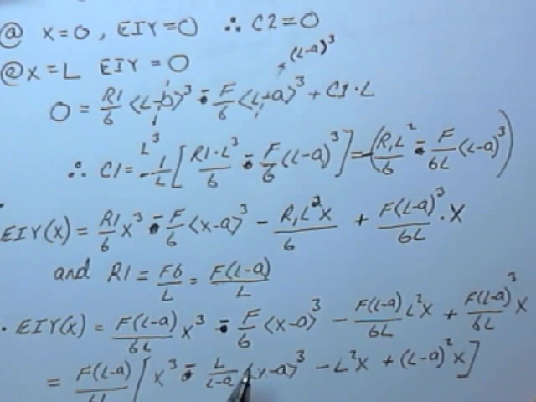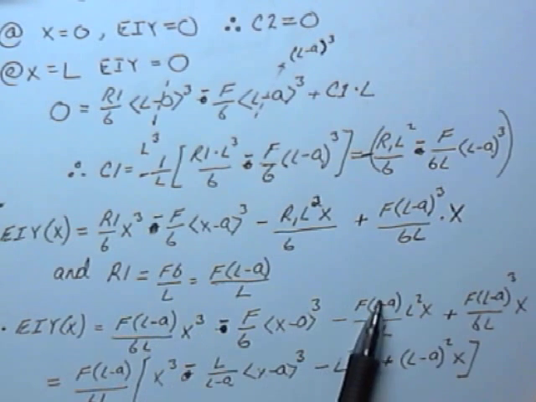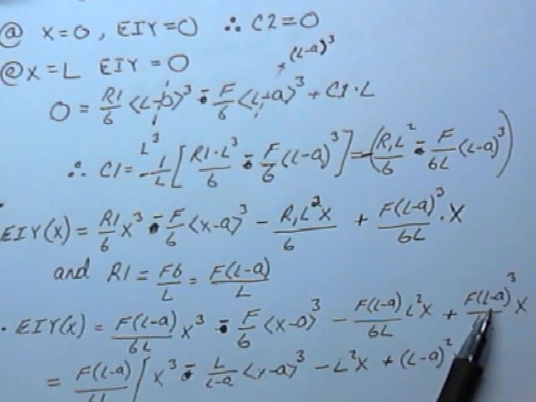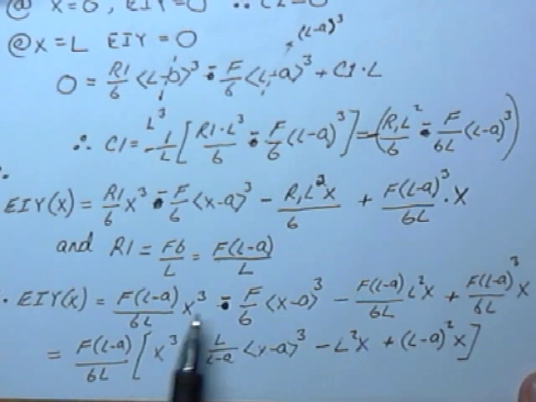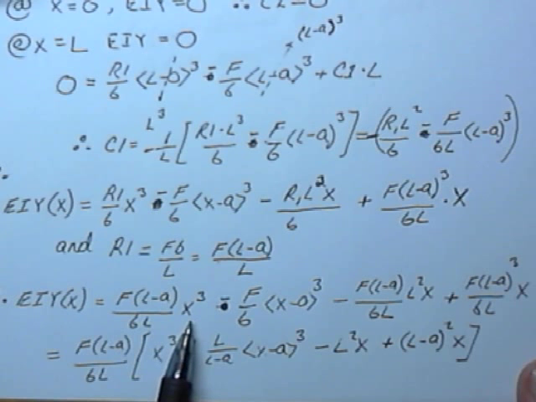And then I noticed this F(L minus A) term showing up in a lot of places, not everywhere. And it's an F(L minus A) over 6L. So I just pull that F(L minus A) over 6L out. So I'm doing a little bit of algebraic simplification. And then from this term, I'm left with an x cubed. To make this one work out, this has to be an L over L minus A times the singularity function.